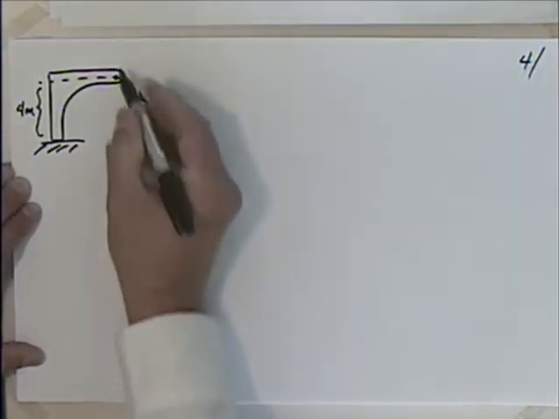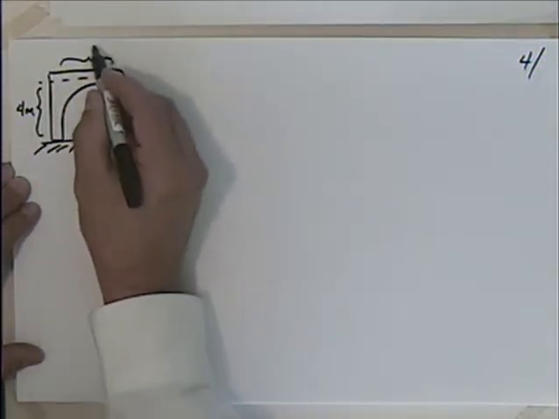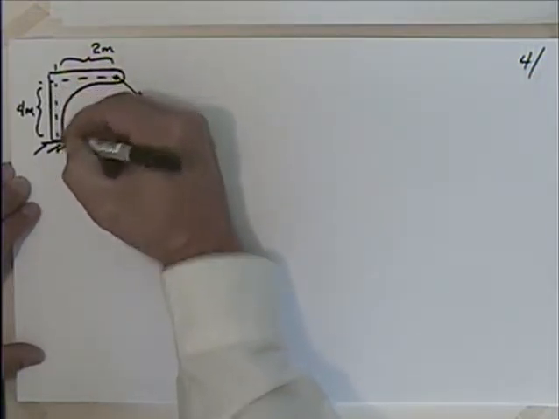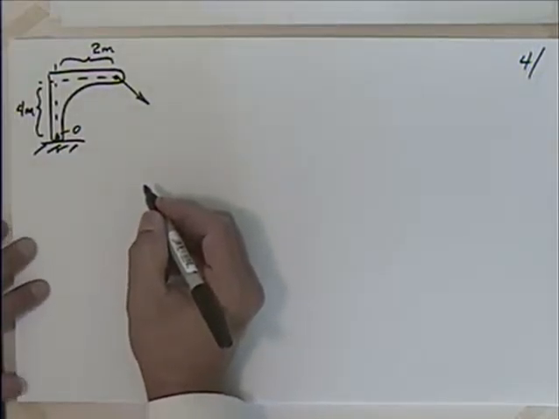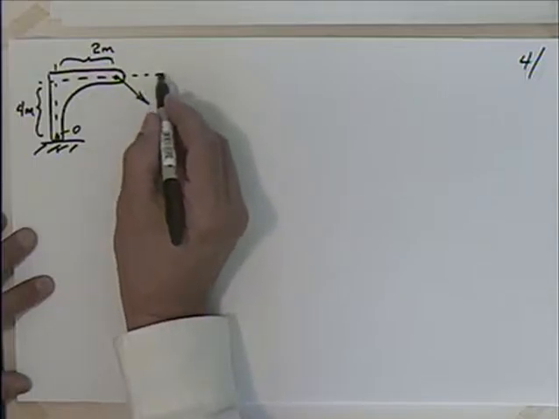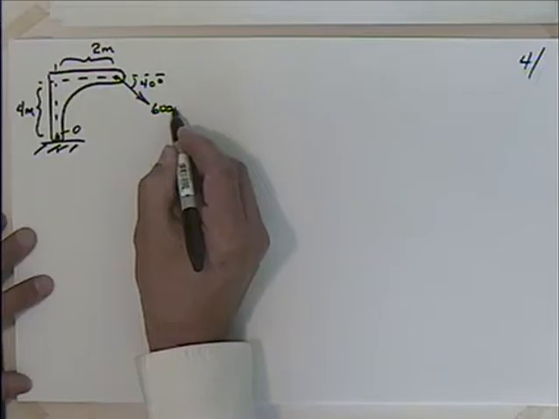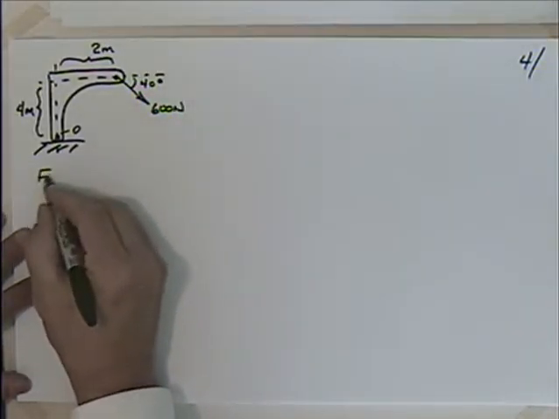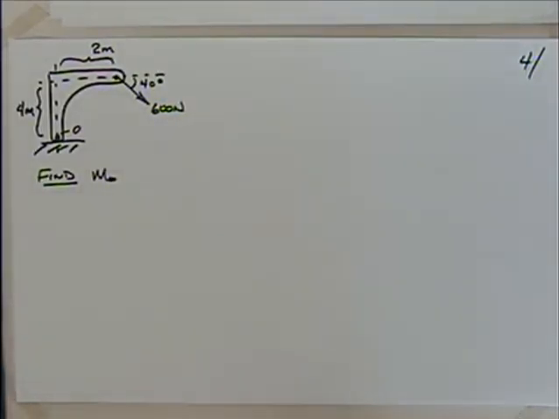I haven't drawn it to a very good scale because I'm going to say that this is 2 meters. And we'll say that that is point O. Okay, and we're applying at this downward angle here. We'll say that this is 40 degrees, and I have 600 newtons, or in the English system. And given this, we'd like to find the moment about O. Okay, we'd like to find the moment about O.